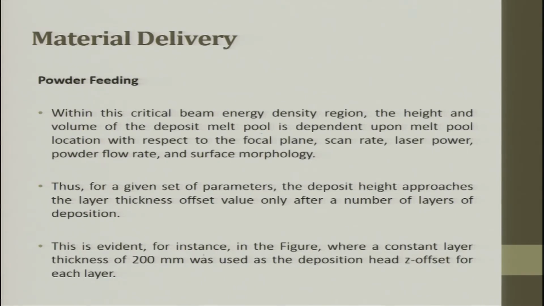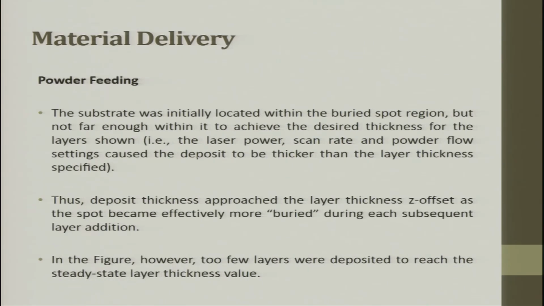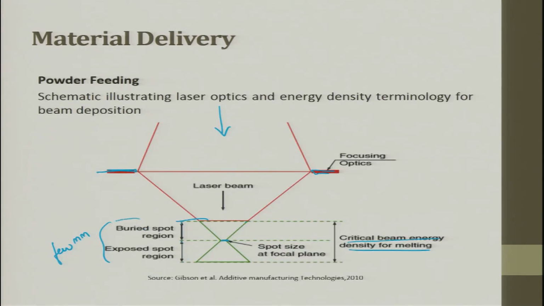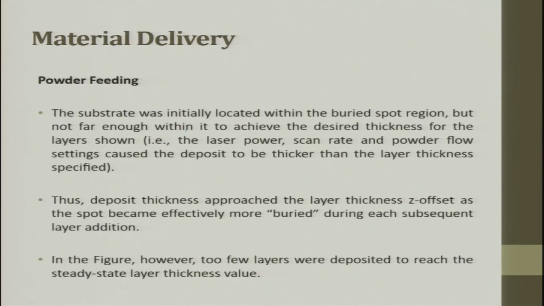It is evident, for instance, in the figure where a constant layer thickness of 200 micrometers was used as a deposition head Z offset for each layer. The substrate was initially located within the buried spot region, but not far enough within it to achieve the desired layer thickness.